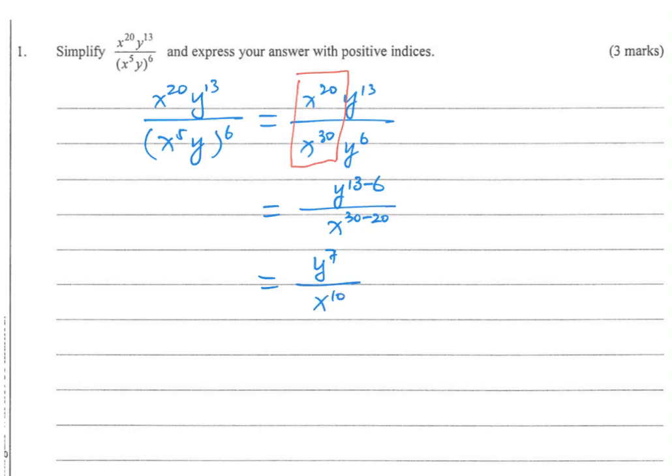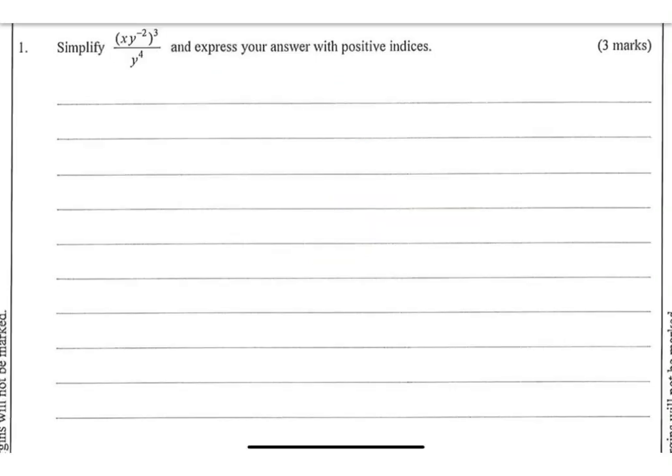So let's see the next question. Here you also face a bracket, so copy down the question first and then remove the bracket in the numerator. X to the power 1 to the power 3, 1 times 3. Y to the power negative 2 to the power 3, which is negative 2 times 3.